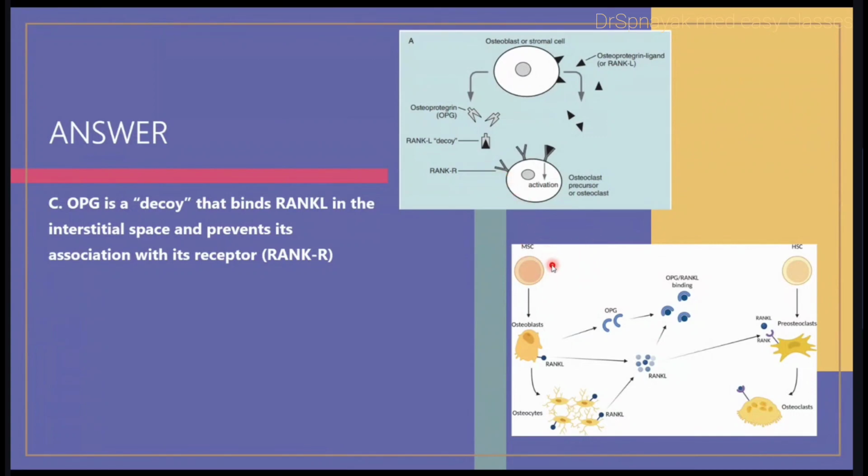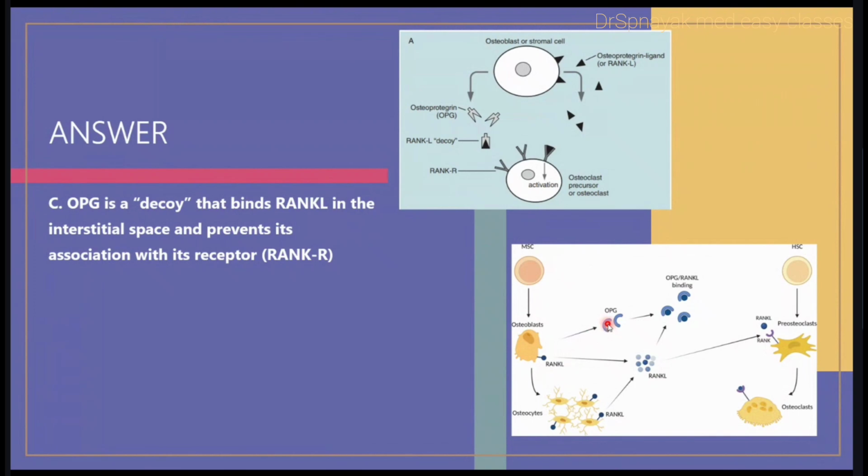These are two images of the same signaling system. This is a stromal cell, and osteoblasts are formed. Osteoblasts further release RANKL and OPG. RANKL binds on RANK, which is present on the osteoclasts, and if it binds on RANK, it activates the osteoclasts, which results in bone resorption.